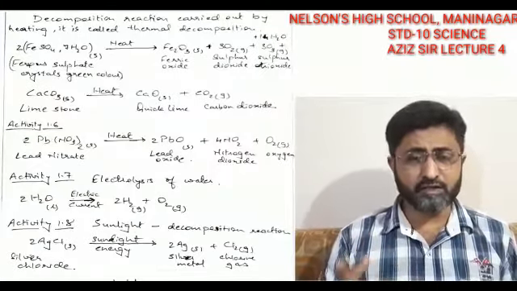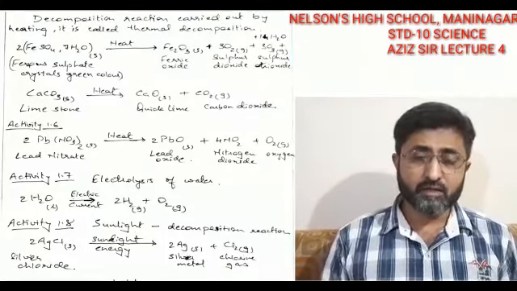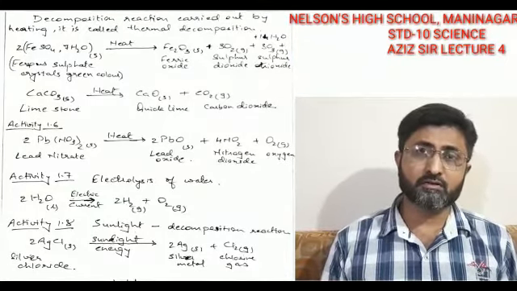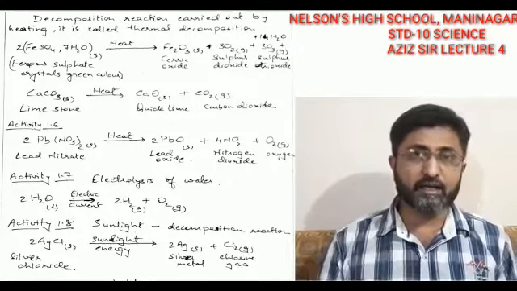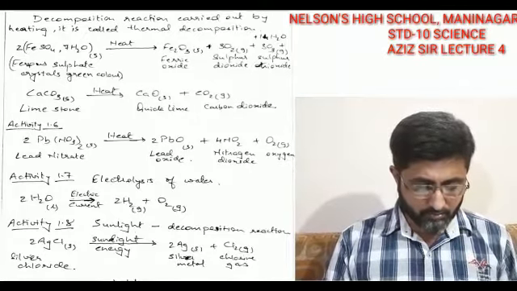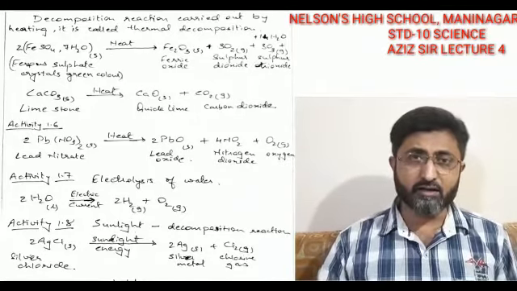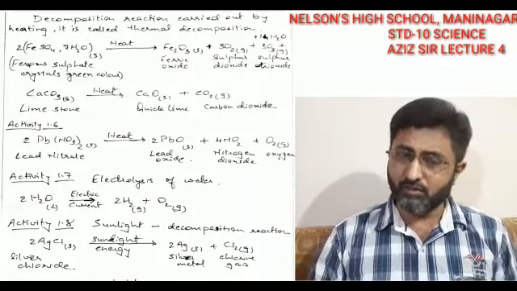So we have learned the 3 types of decomposition. One is thermal decomposition, that is heat decomposition, learned by the examples of ferrous sulfate, lead nitrate and calcium carbonate. The second decomposition reaction was electrolysis, where electric current was passed and the water molecules broke down into hydrogen and oxygen gas.